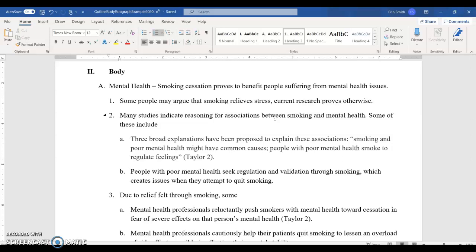So one of the important things to include are your citations. So you need to include after your evidence, whether it's a direct quote or down here, I have a paraphrase, where you got that from. Okay, so that is from your works cited page, you can find that information, or your note sheets.